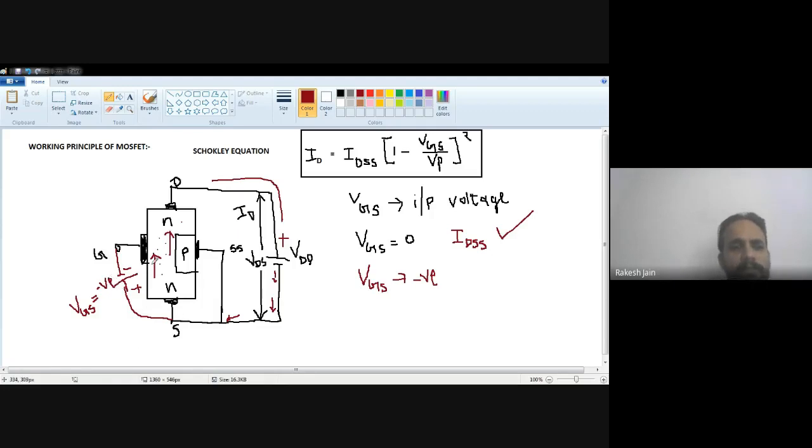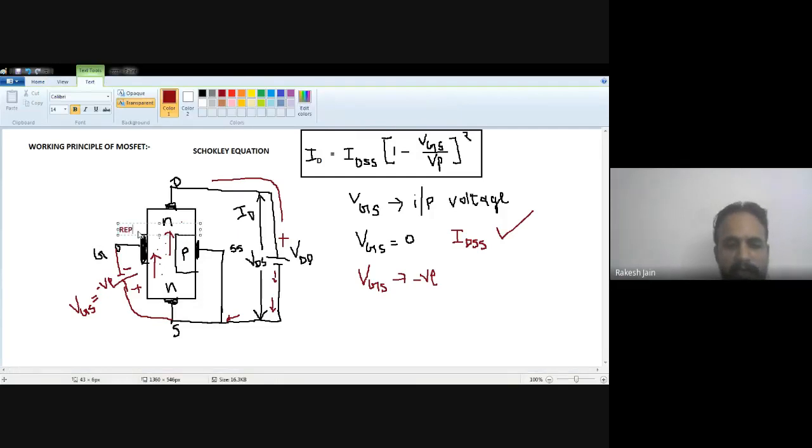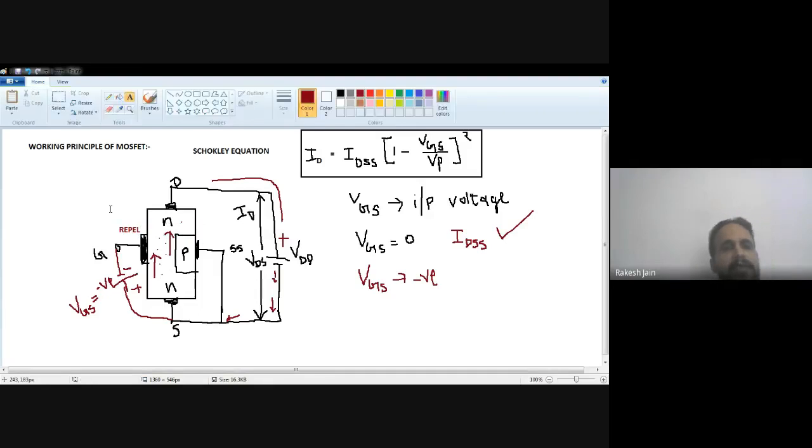What will happen? Now we know that in N-type semiconductor, the majority charge carriers are electrons, and the negative terminal of the battery just repels them, because electrons are also negative charge carriers. The negative terminal connected at the gate does not attract them, it just repels them.